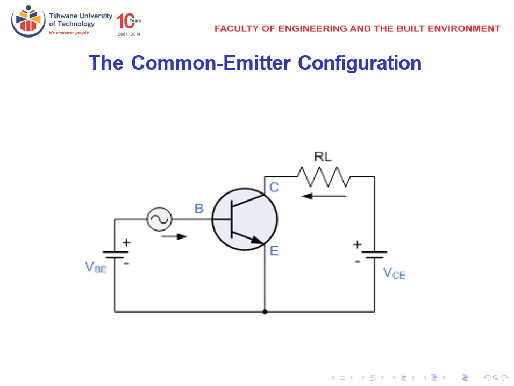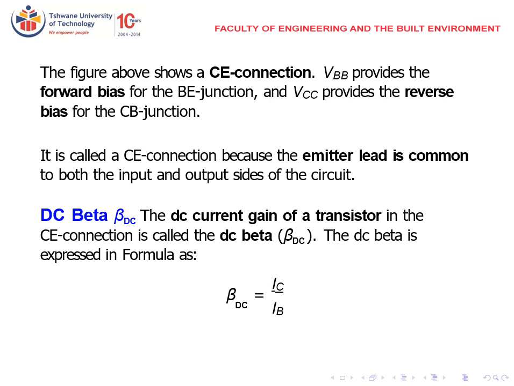Common emitter configuration. So your emitter is common to both voltage sources. Then you'll have your input AC voltage on the base side, and your load will be connected on the collector emitter side. The figure on the previous slide shows the common emitter configuration.